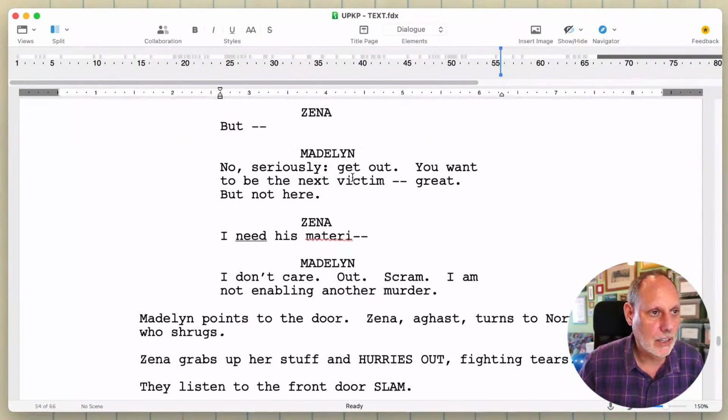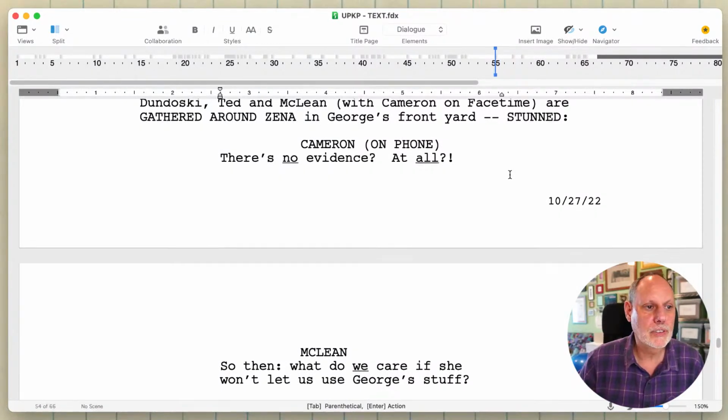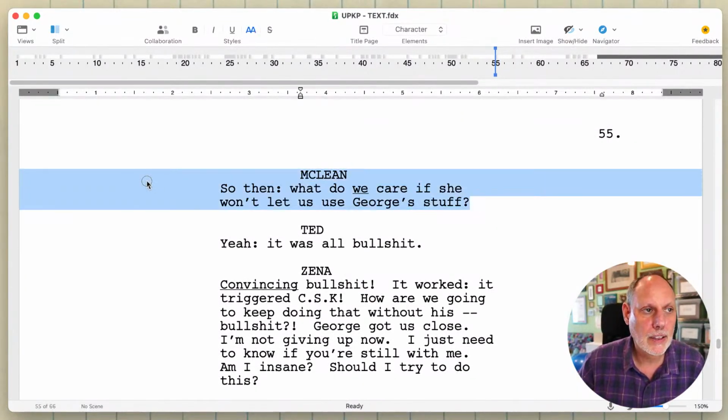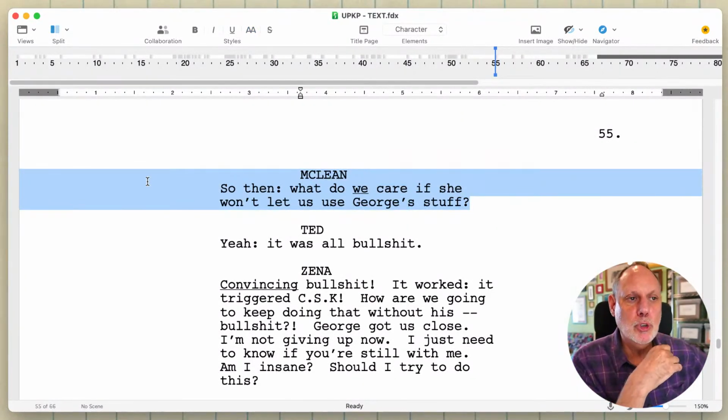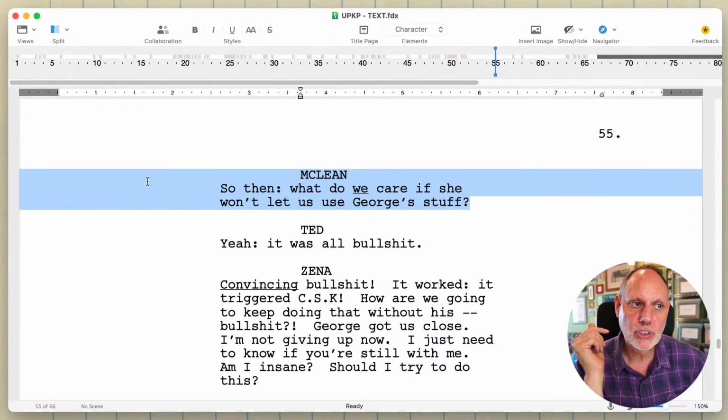Now, here's the thing. We get the no evidence, and then this is one step too many of things. I wanted to make clear that she was saying we have to get George's stuff.